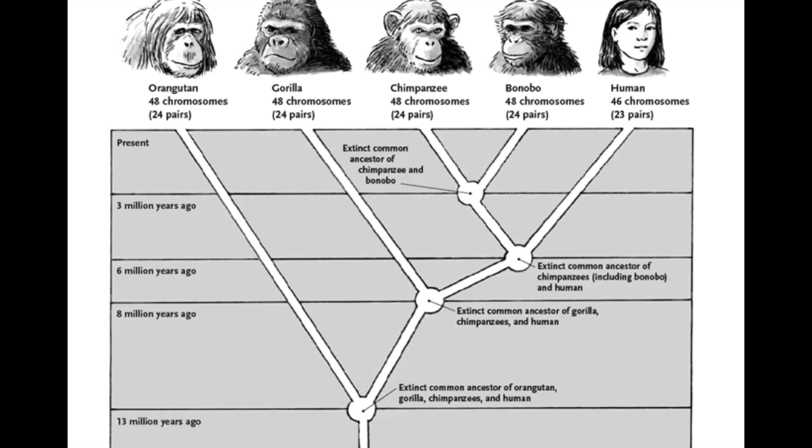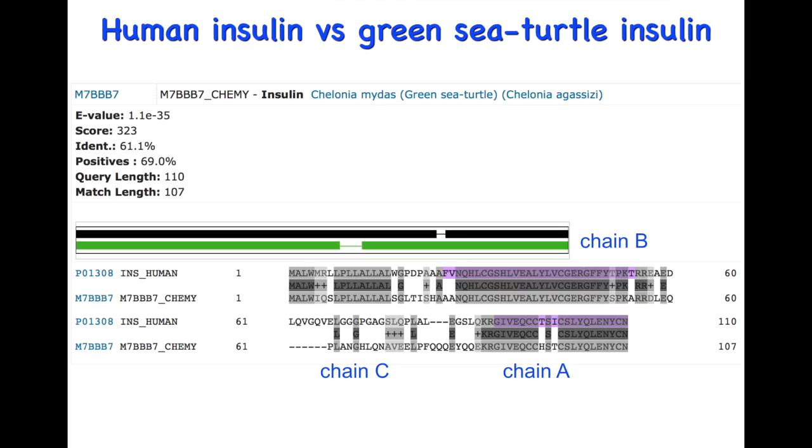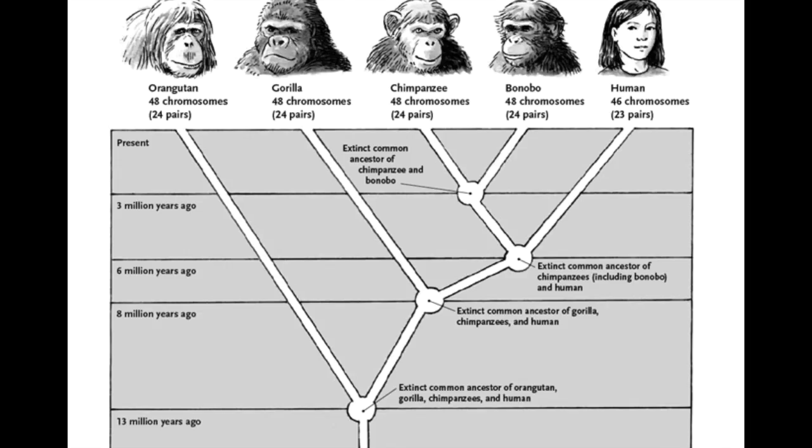And we can see that there's not a lot of differences between the B and the A chain, but there are lots of differences in the C chain and also the other part of the molecule, even though we're quite distant relatives.